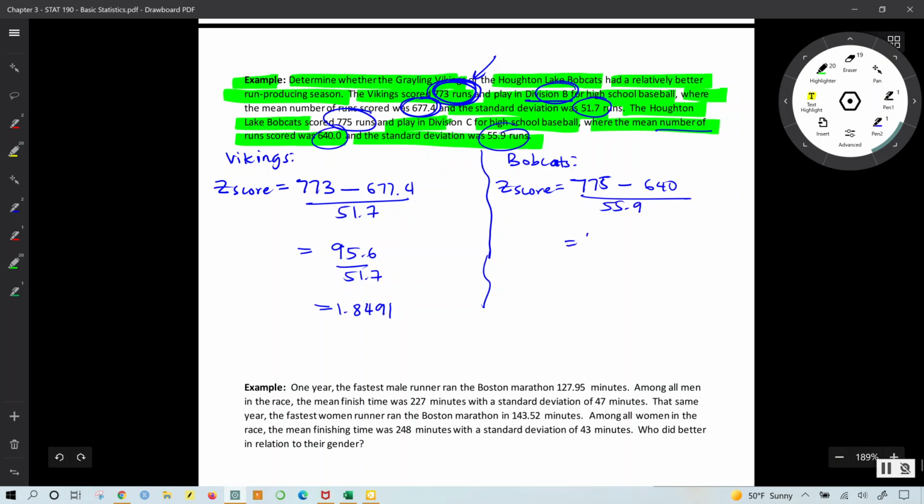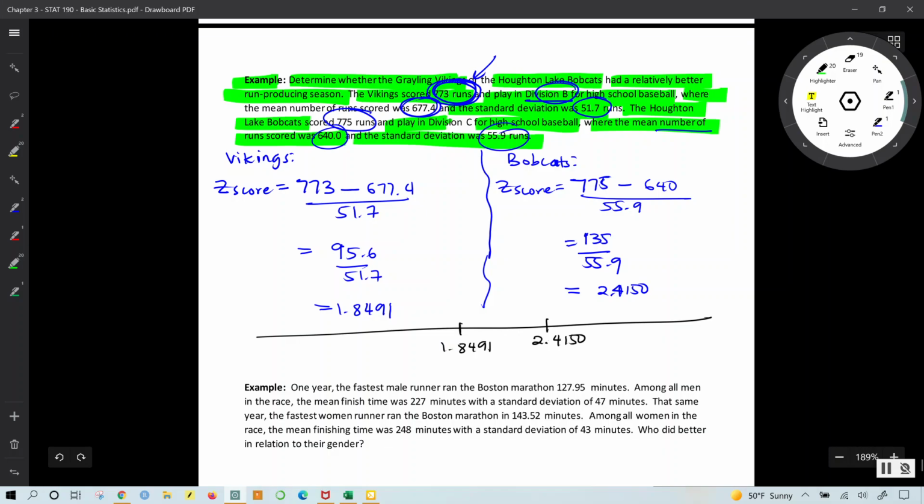This will be 135 divided by 55.9, which is 2.4150. So on the same scale, you have 2.4150 and you have 1.8491. Based on context, we want the one which is higher. So the Bobcats have a higher z-score. In this case, we can say that the Houghton Lake Bobcats had a relatively better run-producing season in their division.